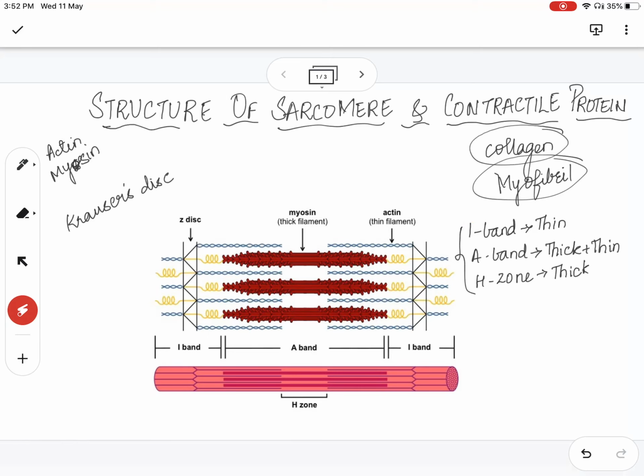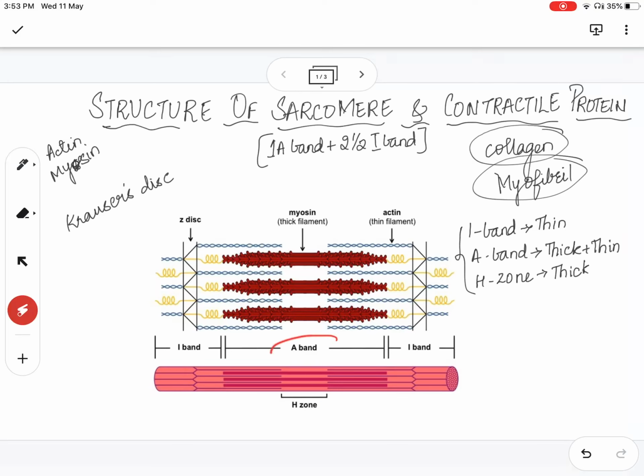Now on the whole, for a sarcomere to be formed, a sarcomere is considered the functional unit of contraction, right? So this sarcomere has one A band and two half I bands. What does it form? One A band and two half I bands.